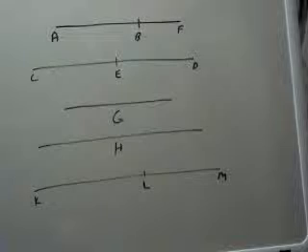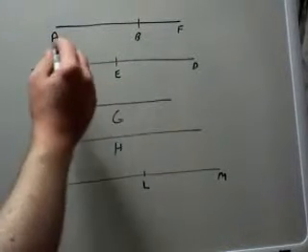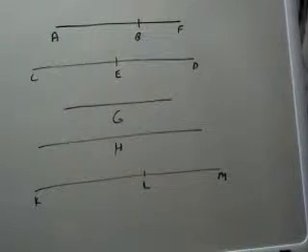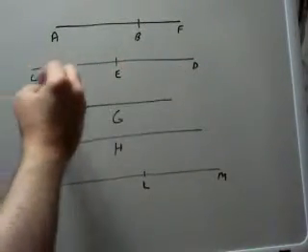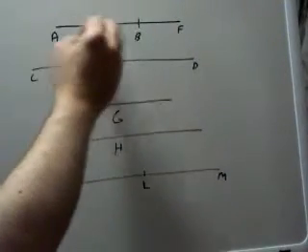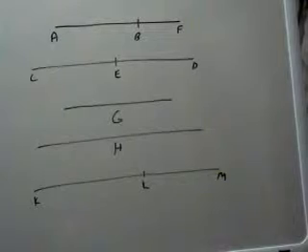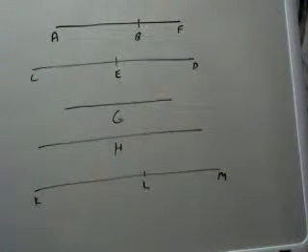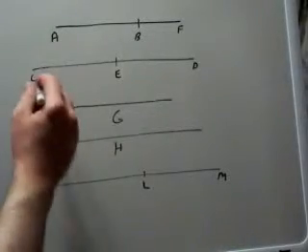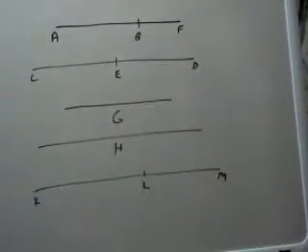Okay? And they're going to be contained by an apotome AB, this is an apotome right here, and a binomial straight line, which is CD. So this is a binomial straight line, this is an apotome. And let CE, right here, be the greater term of the latter. Okay, so this line is actually going to be bigger than this line.